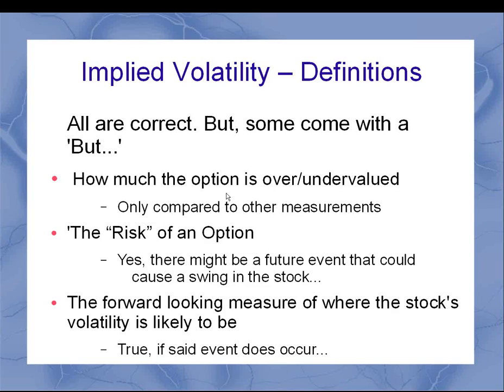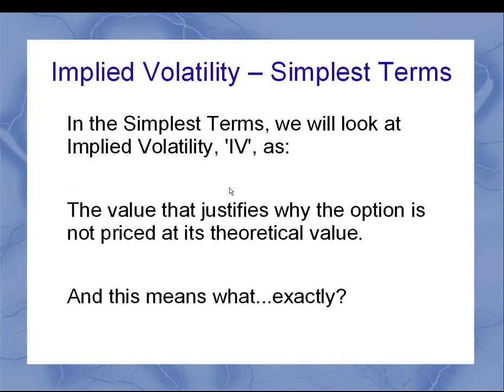It's not a guarantee that that's going to have an effect on the option or the underlying security, but it is a forward-looking measure of risk. And then, of course, we look at the forward-looking measure of where the stock's volatility is likely to be. Well, that's true, depending on the event, the outcome of the event, and if the event does occur, and we'll go deeper into that a little bit later on.